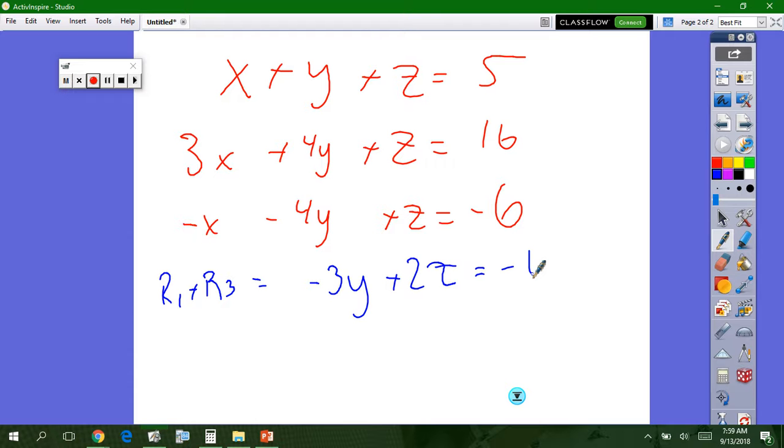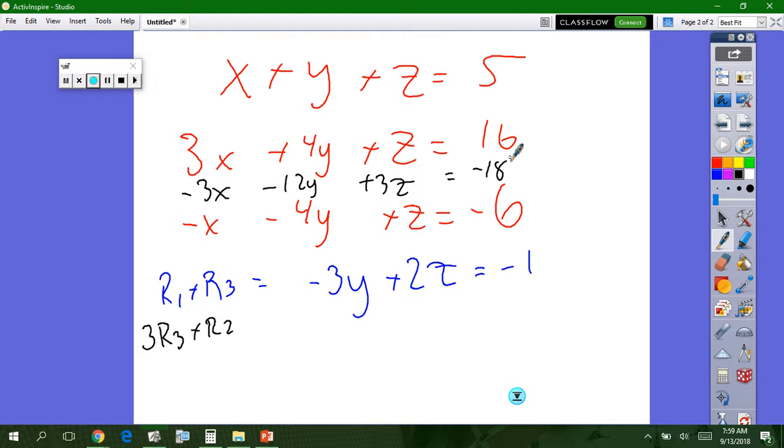Okay? So I'm going to multiply row 3 by 3. So row 3 is going to be multiplied by 3 and added to row 2. Here's what it is, though. It would be negative 3x minus 12y plus 3z equals negative 18. So in the black is row 3 by 3, right? Times it by 3. Do you see what I did there?